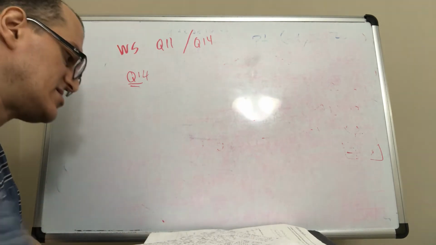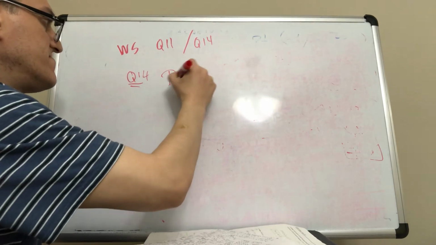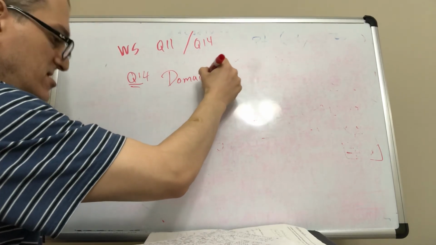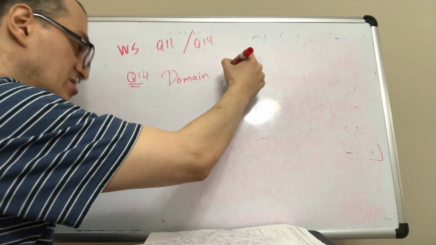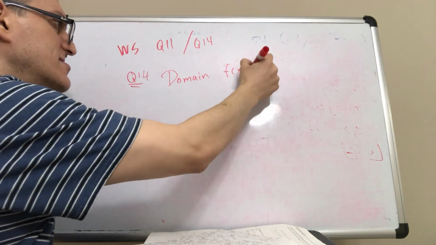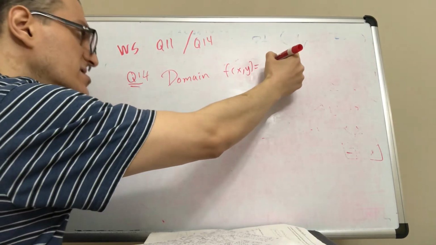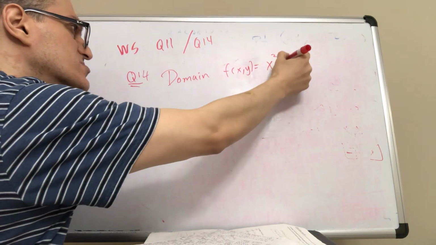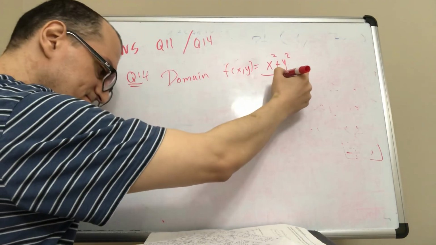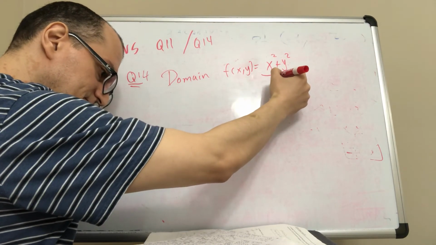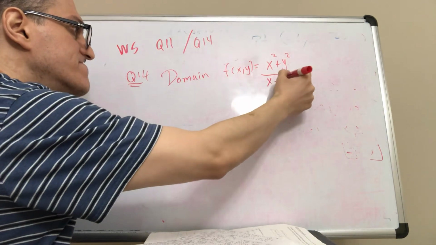Sketch the domain for x y over x squared plus y squared, x plus 5y.